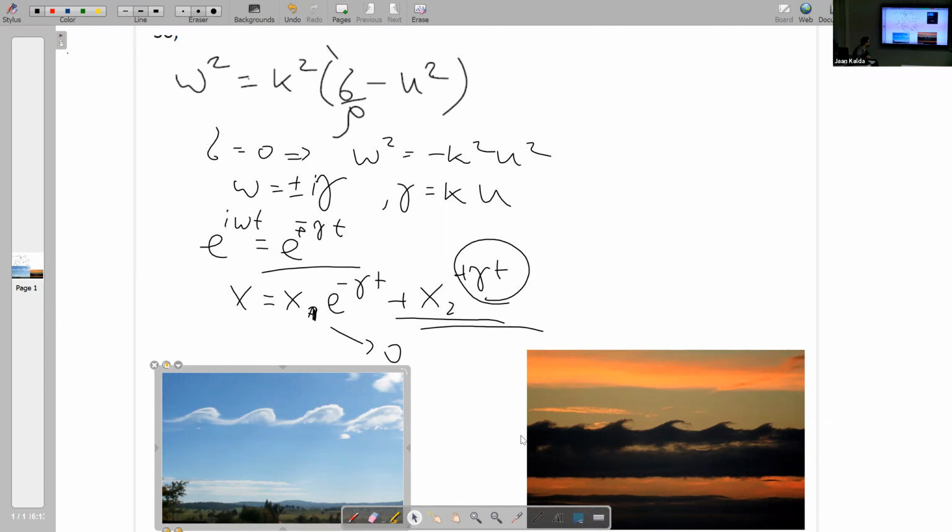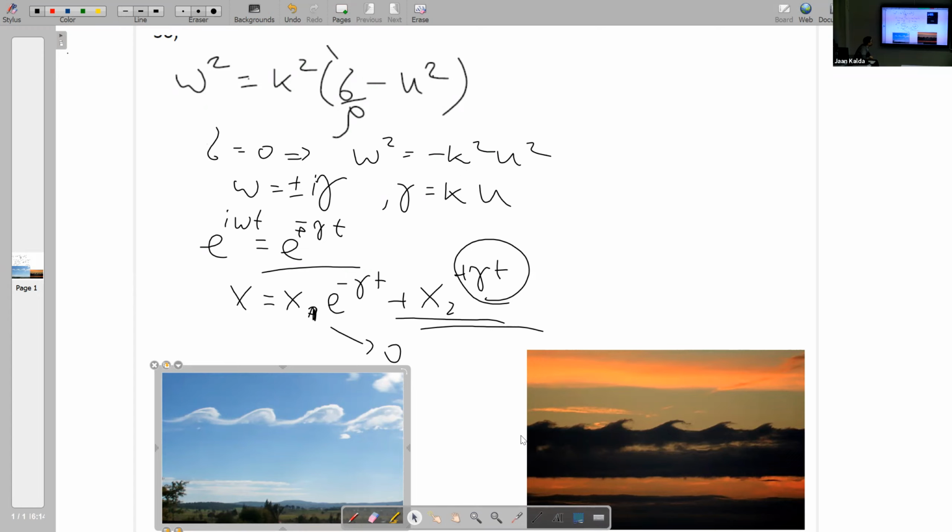But if we speak about water, then actually there is another thing. When I wrote that omega square, we had only surface tension because we assumed densities are equal. But if you assume densities different, then you would also have a term corresponding to the gravity effect, because the surface is flat because gravity pushes it downwards.